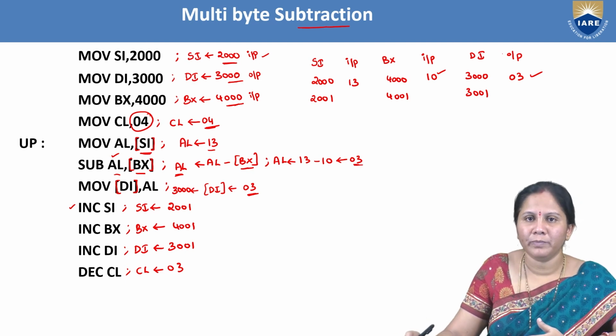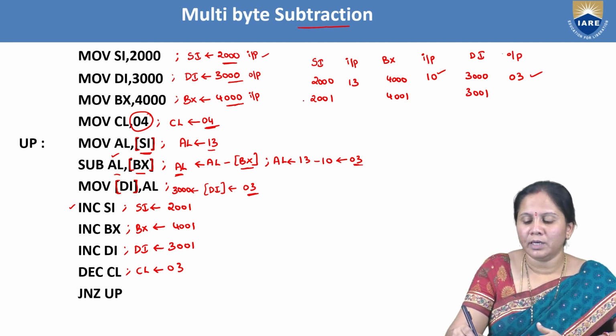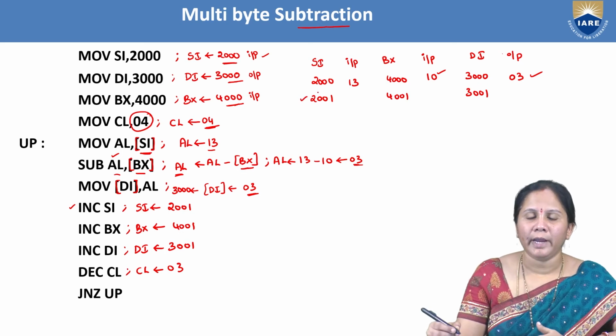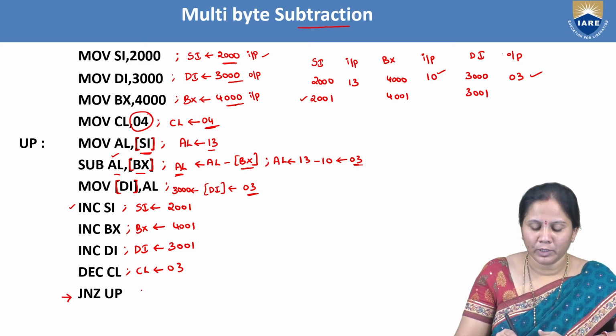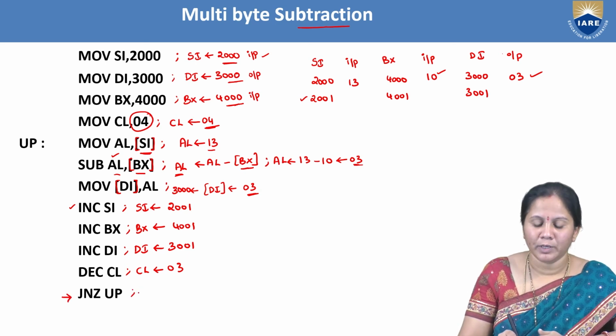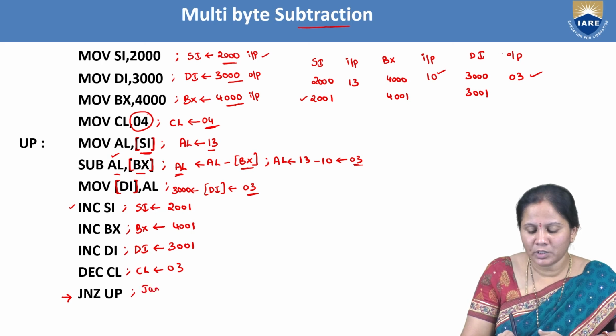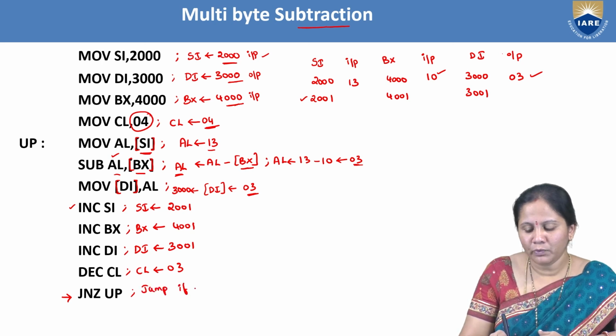Decremented by 1. In order to take the next input and perform the same operation, we have to write a loop here. So JNZ up. JNZ represents jump if not 0.